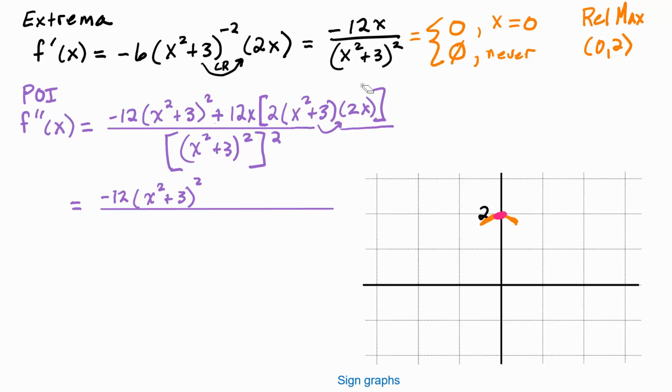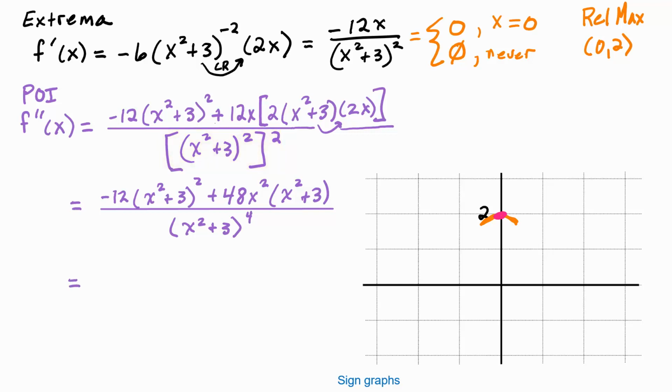Now over here, we've got 12x times 2 is 24x, times 2x is going to be 48x squared, and then we have to multiply that times the quantity x squared plus 3. Our denominator is x squared plus 3 to the 4th power.